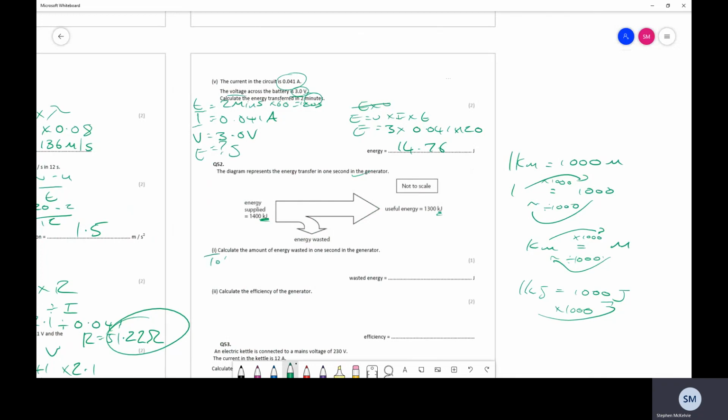Calculate the amount of energy wasted in 1 second in the generator. The total energy will equal the waste energy, plus the useful energy, which is 1,300 kilojoules.